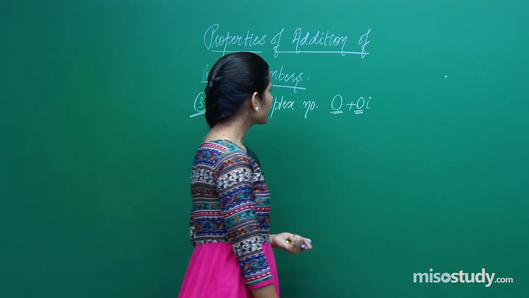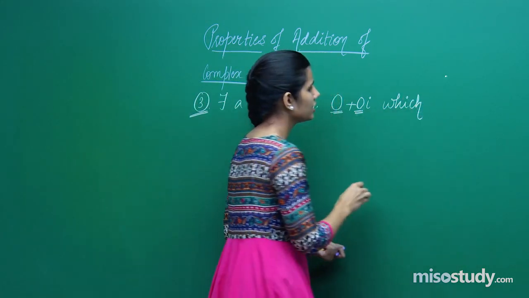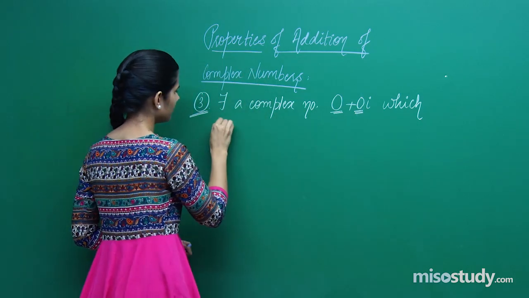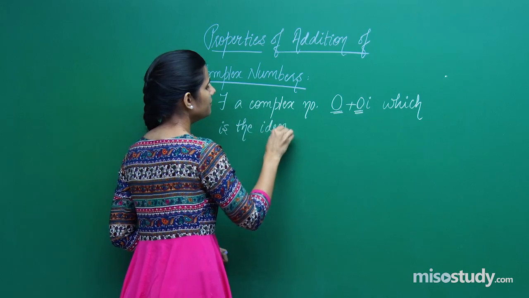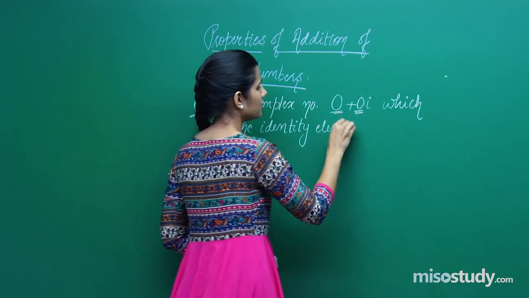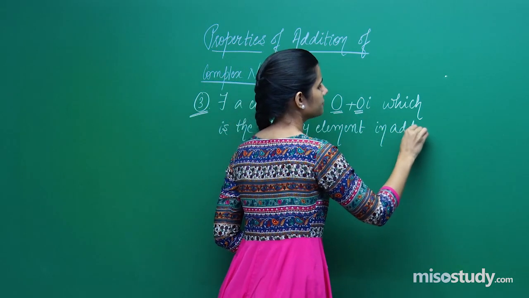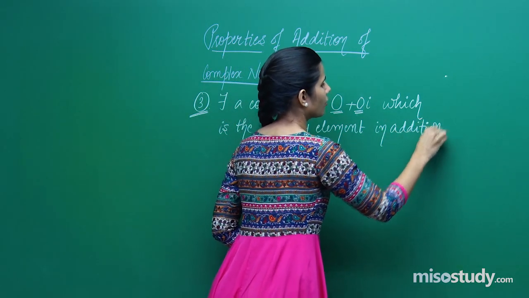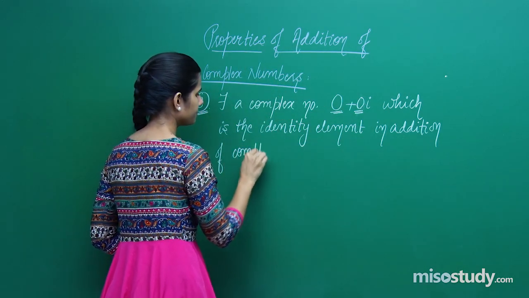There exists a complex number 0 plus 0 iota which is the identity element in addition of complex numbers.